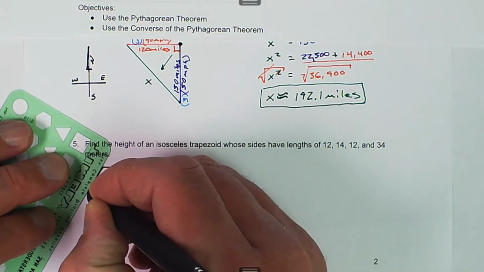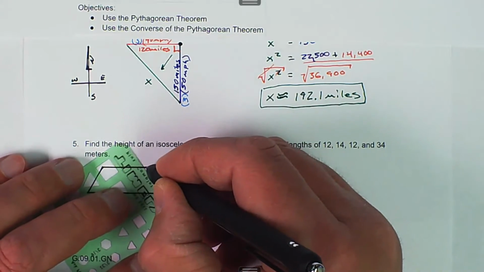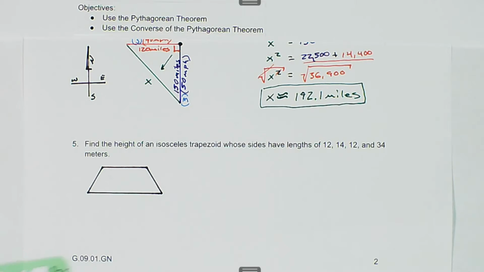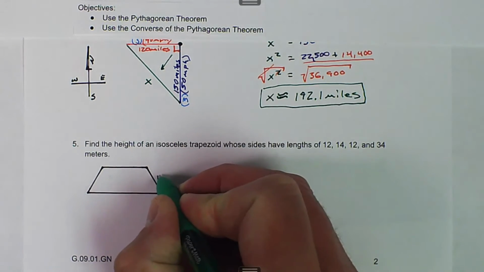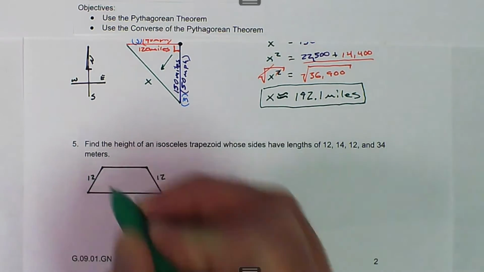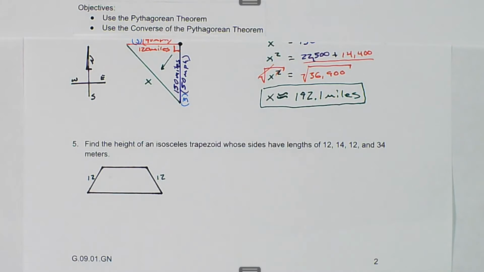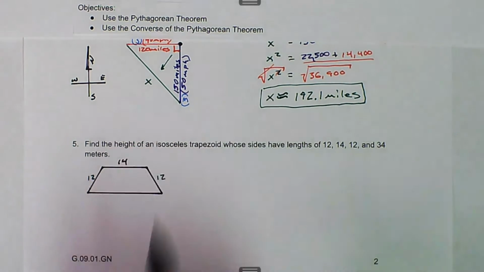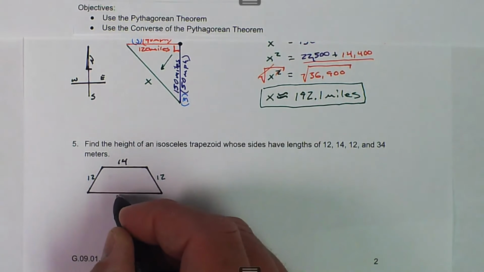They may not be exactly congruent, but the intention was that they are congruent, because the value that we were given is 12 and 12 for each leg, and then we had 14 and 34 for the two bases.